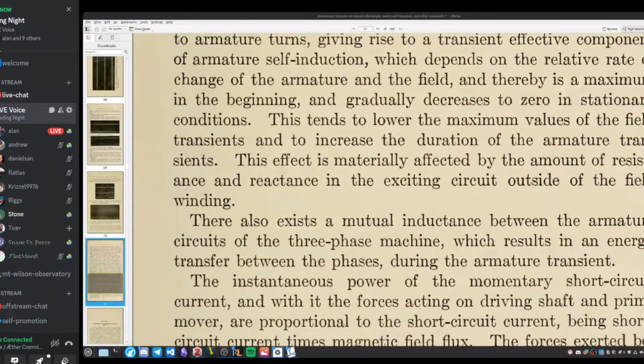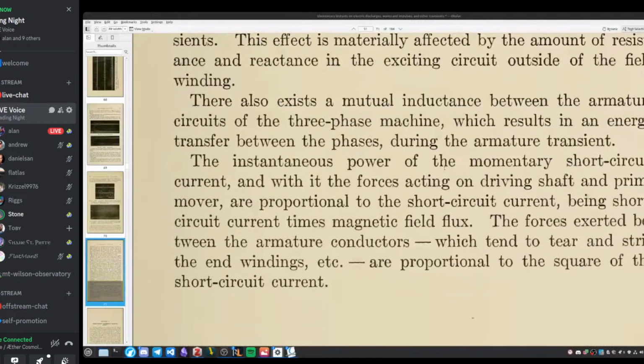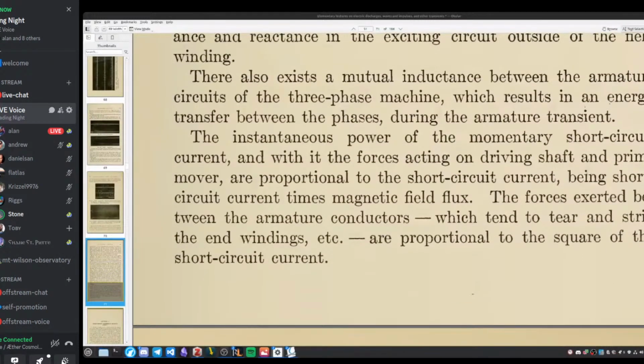This tends to lower the maximum values of the field transients and to increase the duration of the armature transient. This effect is materially affected by the amount of resistance and reactance in the exciting circuit outside of the field winding. There also exists a mutual inductance between the armature circuits of the three-phase machine, which results in an energy transfer between phases during the armature transient.